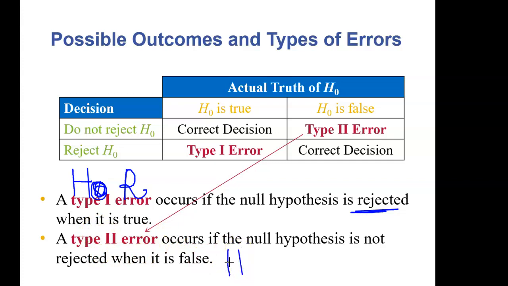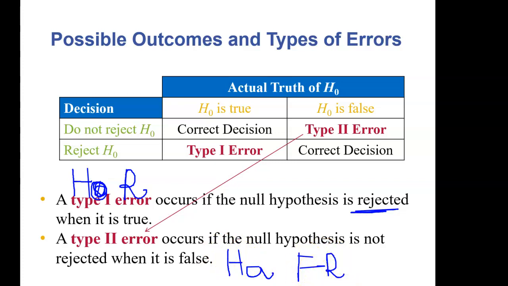I want you all to write this down. These are the keywords. Alternative is true. But do I reject or fail to reject? I fail to reject. So the keywords are H0, reject. That means null hypothesis is true and I reject. Type 2 is HA, that means your alternative is true, but you failed to reject.